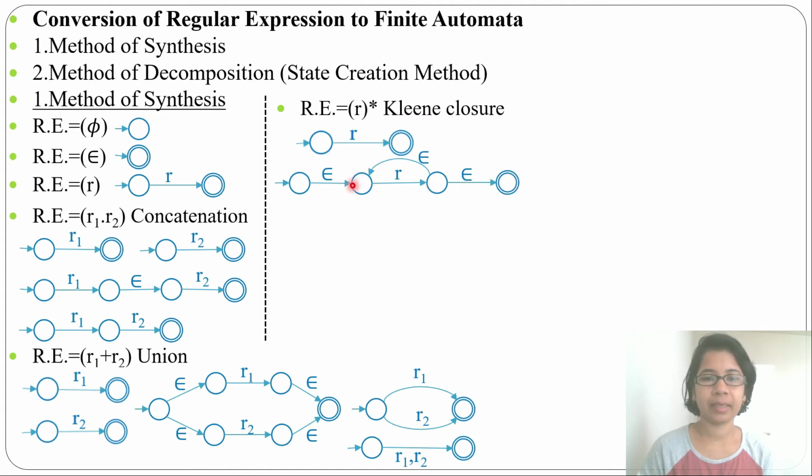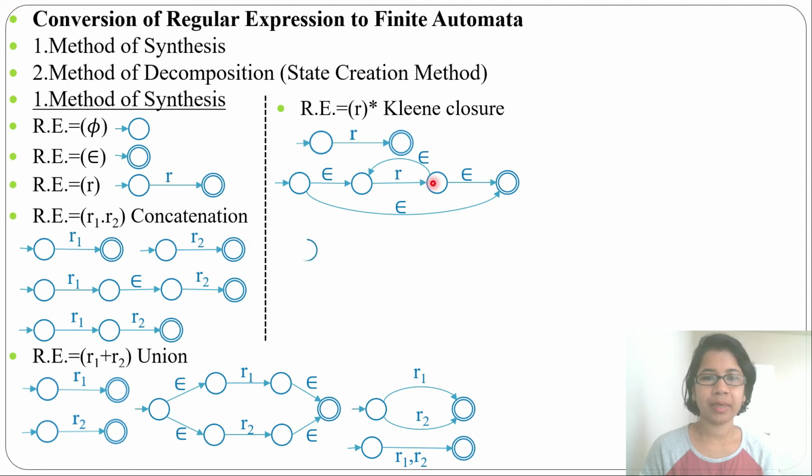Now by this epsilon it will repeat. It will accept single R, then epsilon, then 2R, epsilon, 3R, epsilon, 4R like this. But R Kleene closure also accepts epsilon, while here it will accept a minimum of 1R. So add an epsilon transition from the initial state to the final state. Now it will accept epsilon, then single R, then 2R, 3R like this.